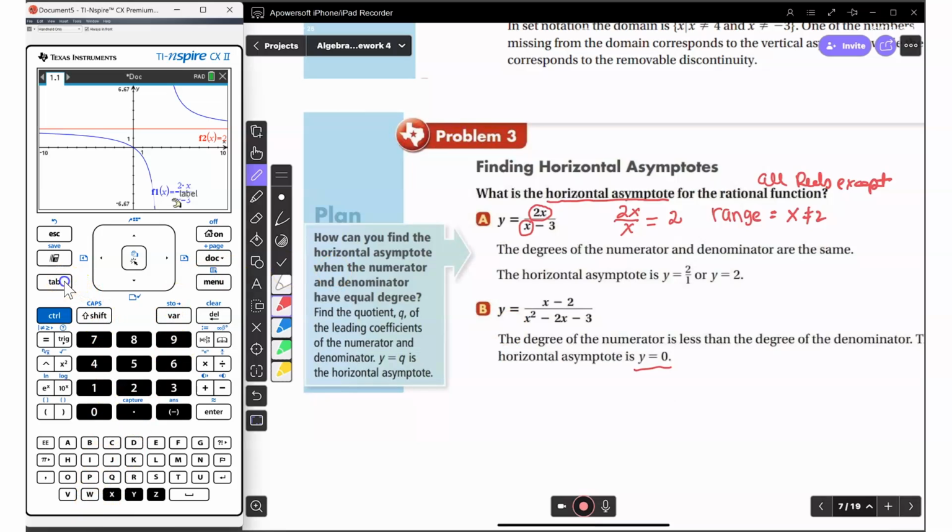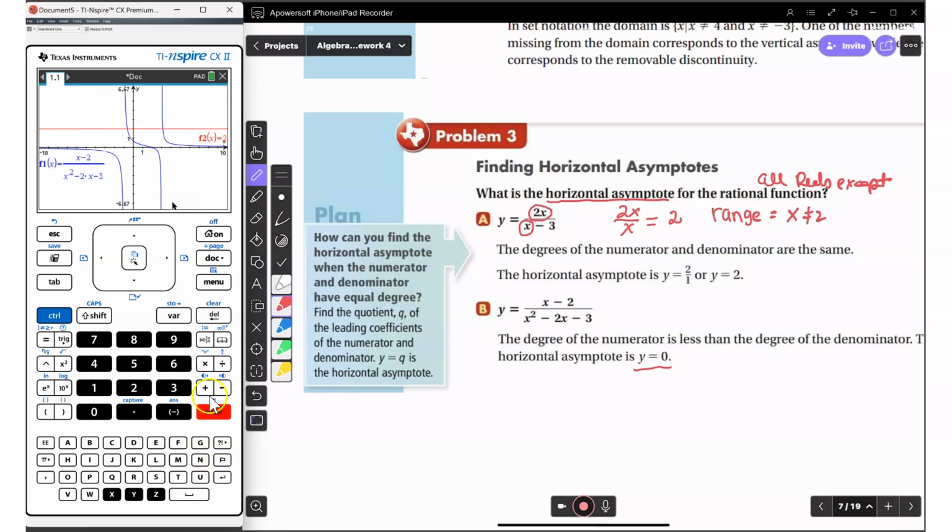Okay, and we wanted to check that. We can graph it. So I'm going to go to tab, and I'm going to go ahead and delete this. Control division. So we have x minus 2, and then in the denominator, you have x squared minus 2x minus 3.